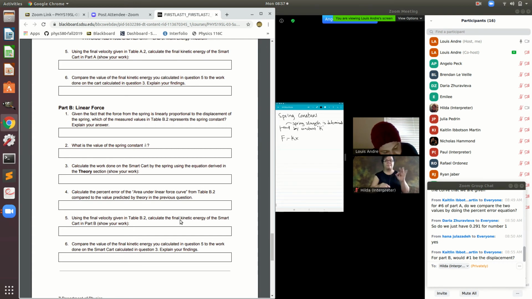We know that the units of x is meters. We know that the units of force is newtons, which means that the units of k have got to be newtons per meter, which makes sense because what k is saying is it's the strength of the spring, right? So it's how many newtons this thing outputs per meter of stretching.